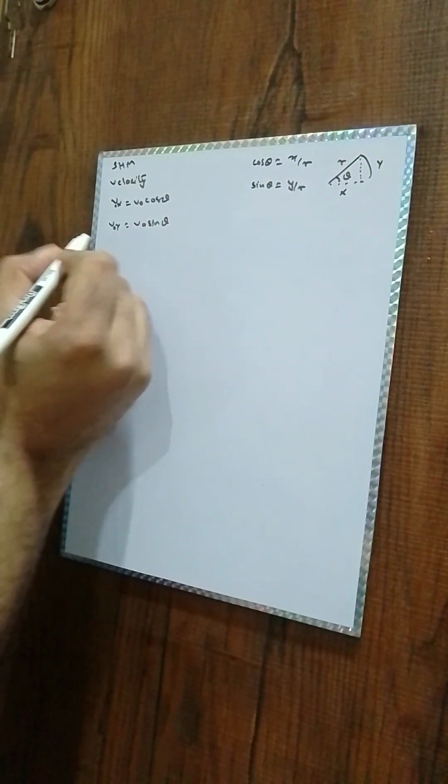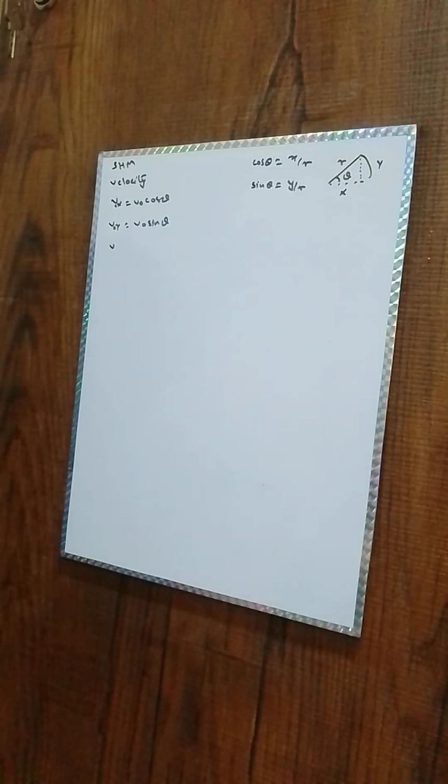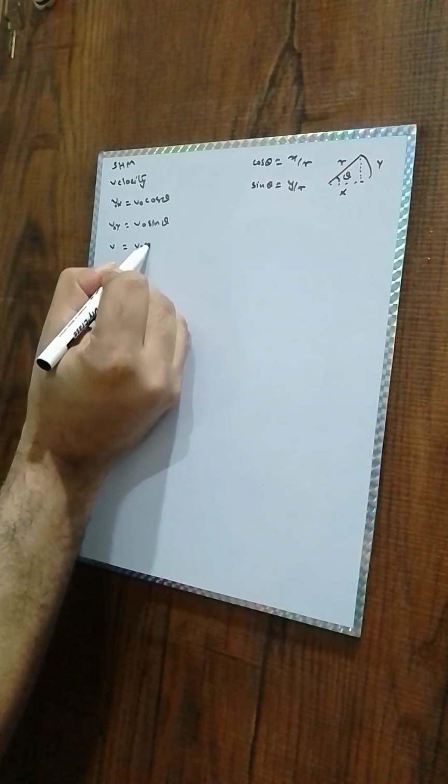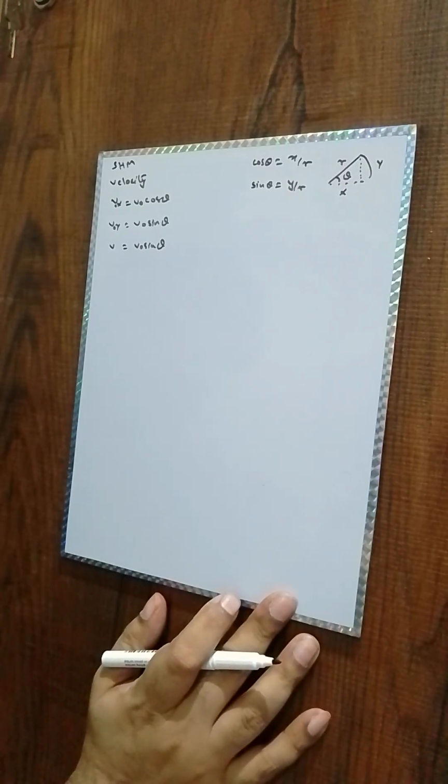No, actually v naught x and v naught y. So v is very much v naught sine theta. Why so? There must be a rationale behind it. I cannot go into the details right now. We can explain that in some other visual.